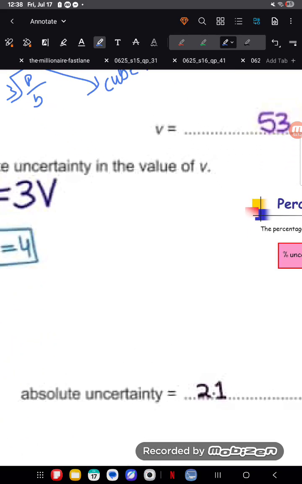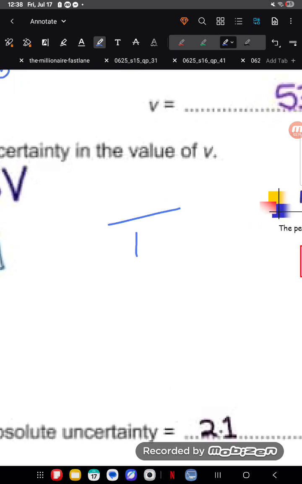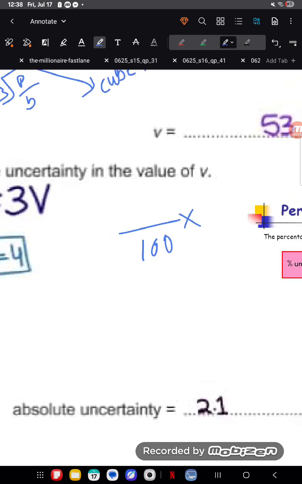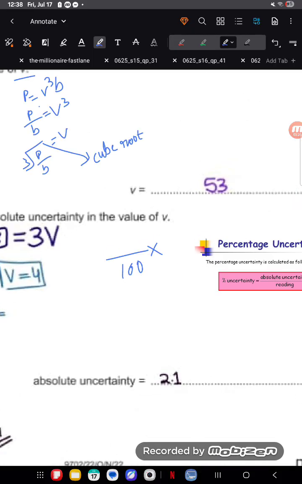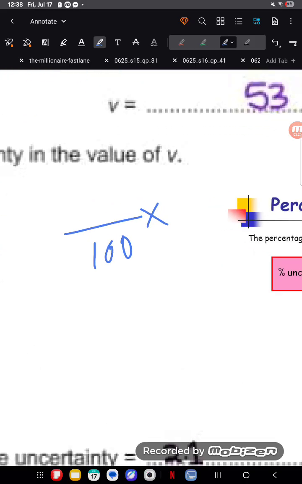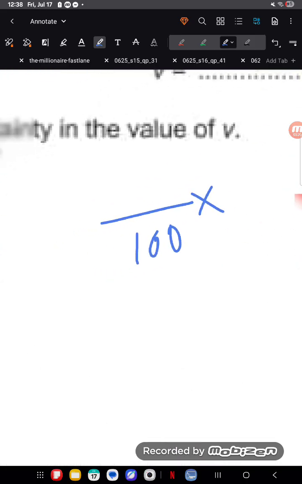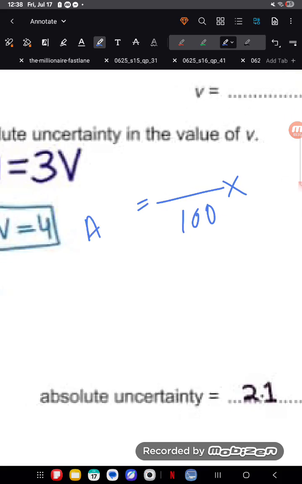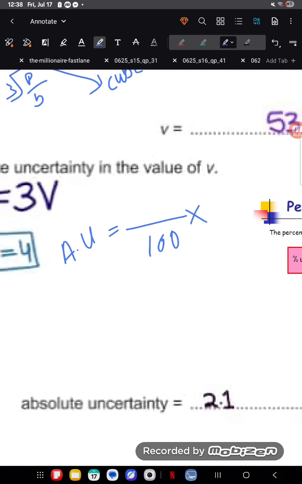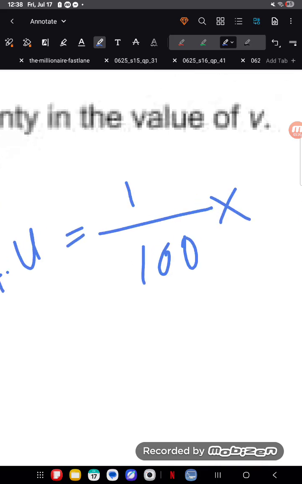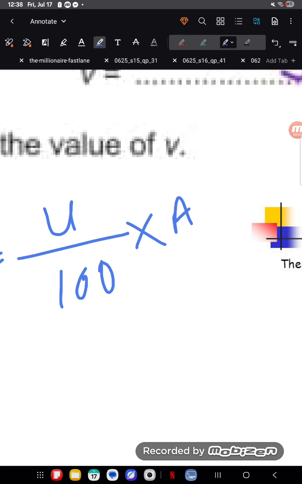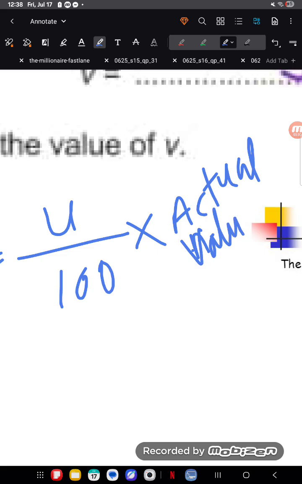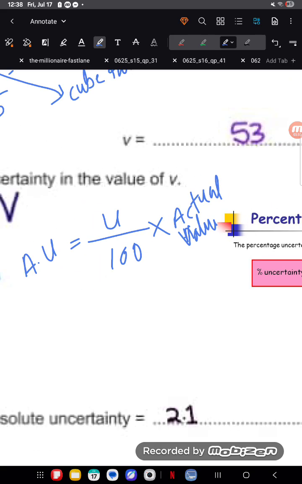The absolute uncertainty formula is uncertainty multiplied by the actual value, divided by 100. Here it is divided by 100.